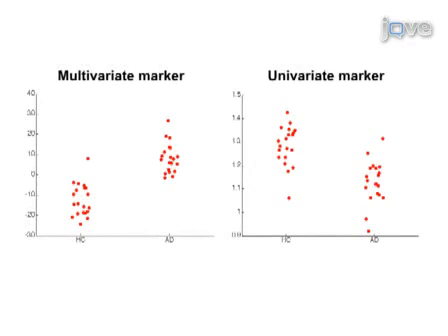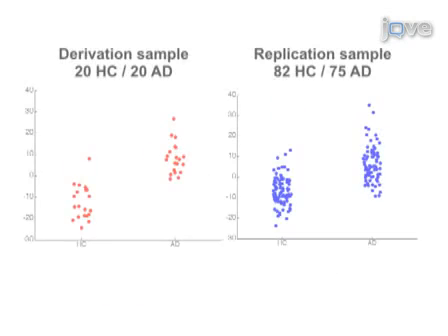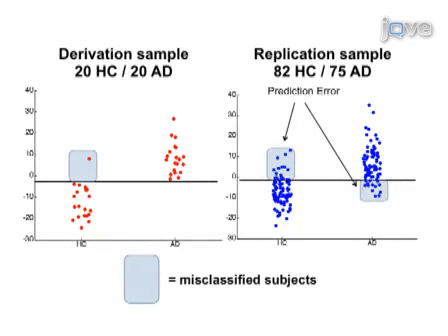Compute univariate and multivariate disease markers from the derivation sample and set the decision threshold such that at most one healthy control is misclassified as AD, which corresponds to a specificity of 95%. Finally, apply the disease markers with their specific decision thresholds to the replication samples, and record the classification error rates in the replication sample for all resampling iterations.